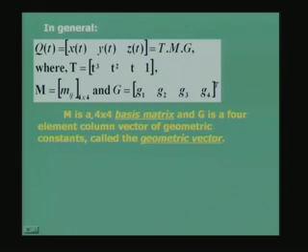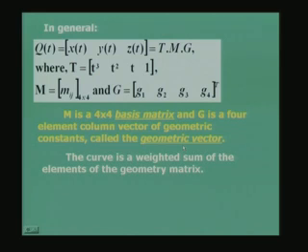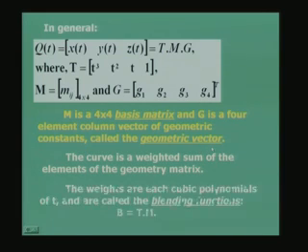So, M is called a basis matrix, and G is called a vector of geometric constants, or a geometric vector. This curve is hence a weighted sum of the elements of the geometric vector. The weights are given by the basis, and G is what controls the geometry of the curve. The weights are each cubic polynomials of t.